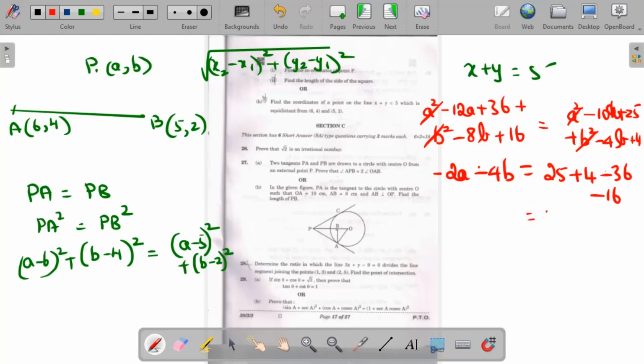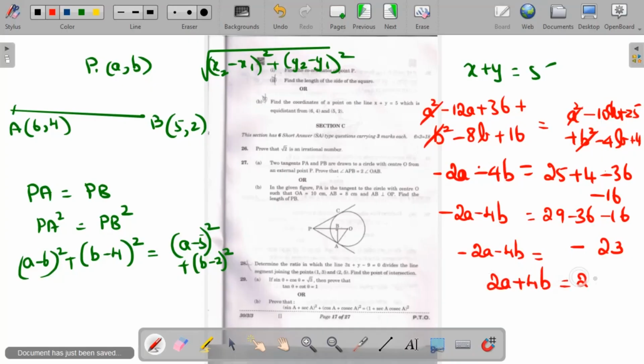So now this is equal to 29 minus 36 minus 16. On this side, it's minus 2a minus 4b. So this is equal to minus 23. Here this is minus 2a minus 4b is equal to minus 23. Divide everything by the minus sign. So it is going to be 2a plus 4b is equal to 23.